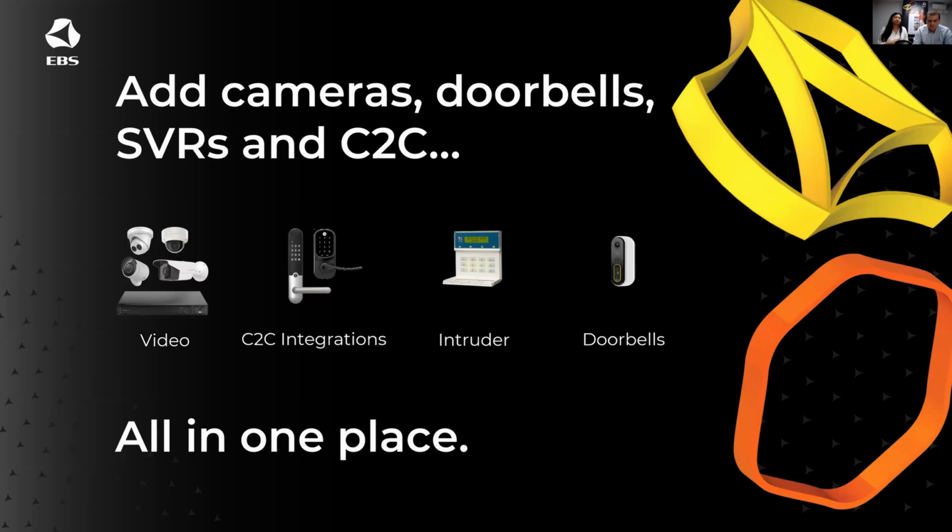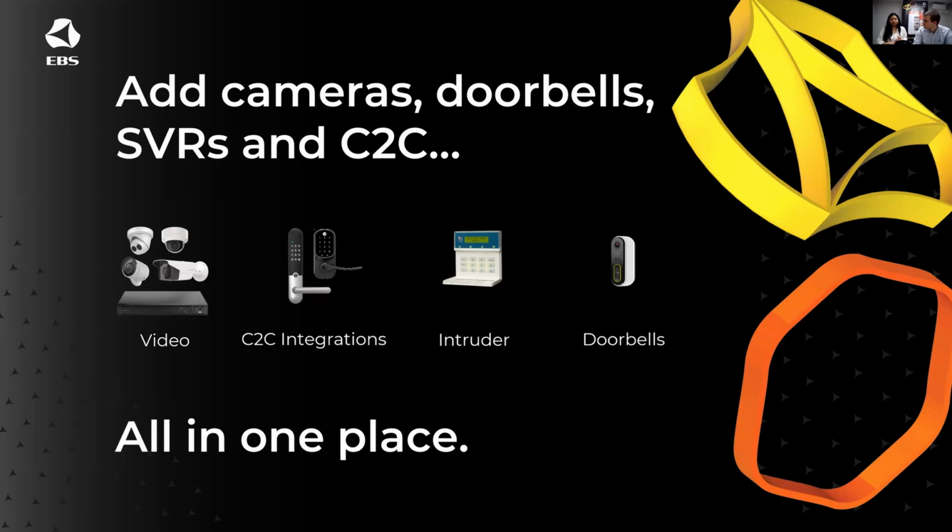The C2C integration is actually very useful for everyone, because alarm.com is already working with different brands of systems and solutions, and they already did the cloud-to-cloud integration. Some examples of the C2C integrations that are available, as you can see in this slide, are door locks, which are very popular nowadays, right?